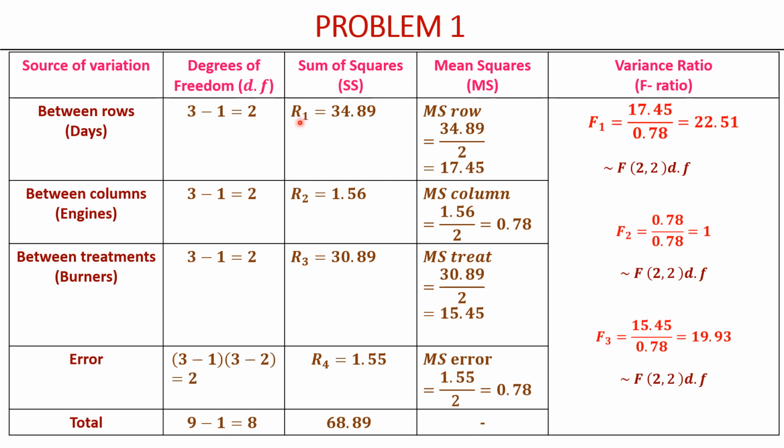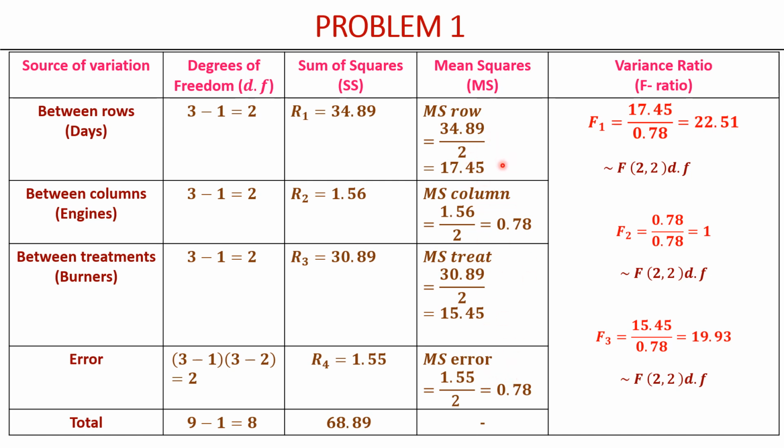In the same manner, for sum of squares, R1 is SS row, R2 is SS column, R3 is SS treat, and R4 is SS error. When we add all of them, we should get SST, and it does coincide. Now I calculate MS row. I divide R1 by 2, then MS column, R2 by 2, MS treat, R3 by 2, MS error, R4 by 2. Then I pick out from MS row and MS error, whichever is the largest.